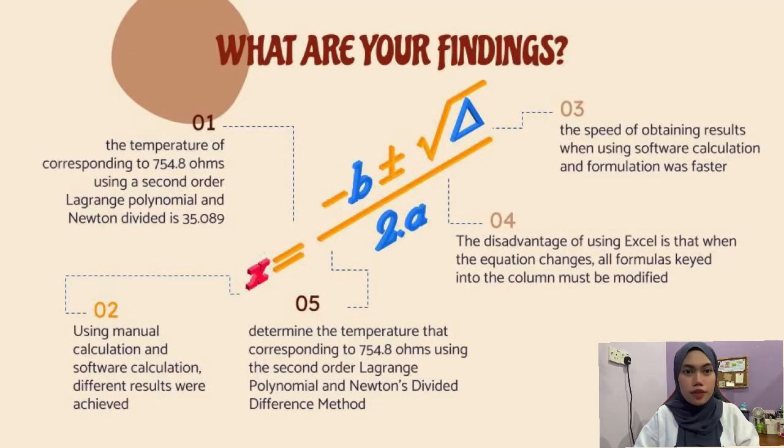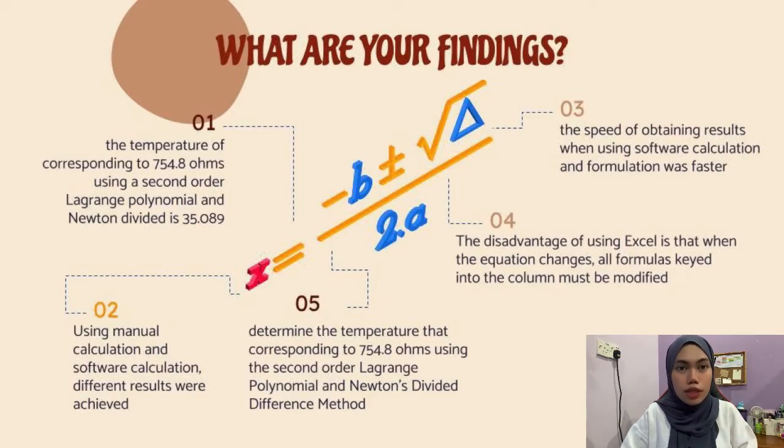What is our finding? First, the temperature corresponding to 754.8 ohm using a second order Lagrange polynomial and Newton divided difference is 35.089. Second, using manual calculation and software calculation, different results were achieved. Third, the speed of obtaining results when using software calculation and formulation was faster than using manual calculation.